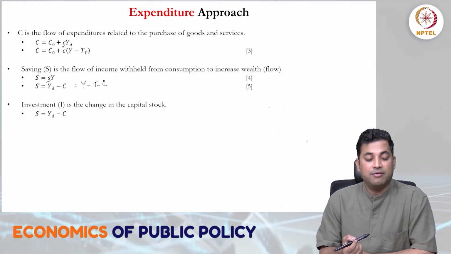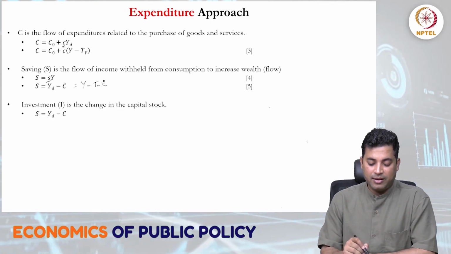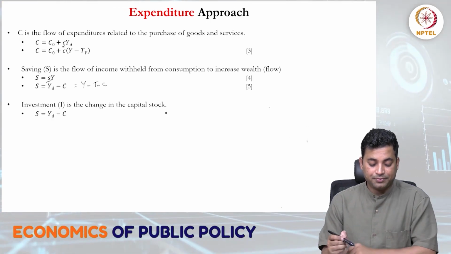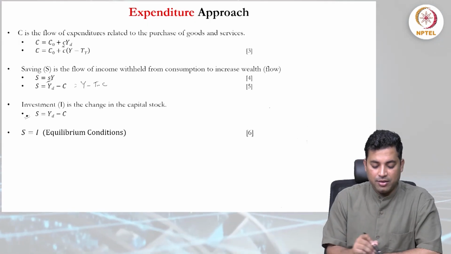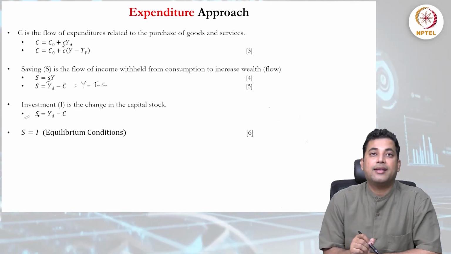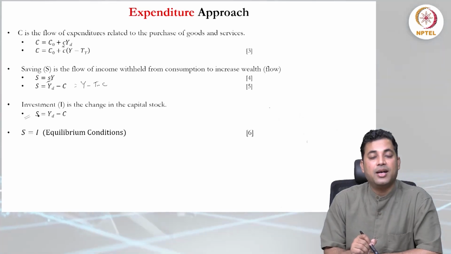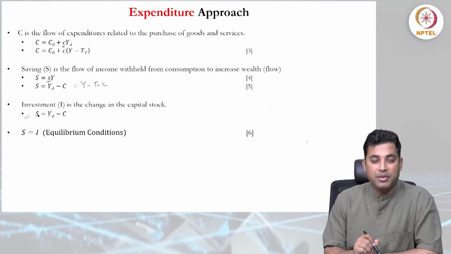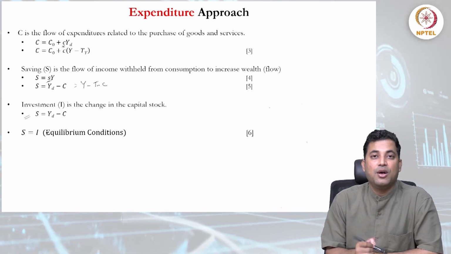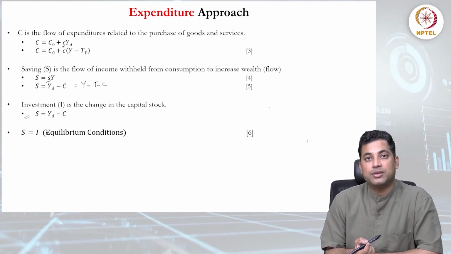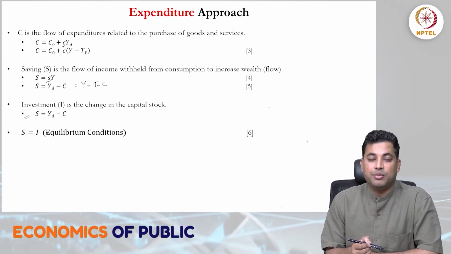Investment expenditure is a change in the capital stock. From the savings function we got capital S equals disposable income minus consumption, and as we all know, the equilibrium condition is that savings should equal investment, meaning whatever savings households put in the financial institutions needs to be invested.